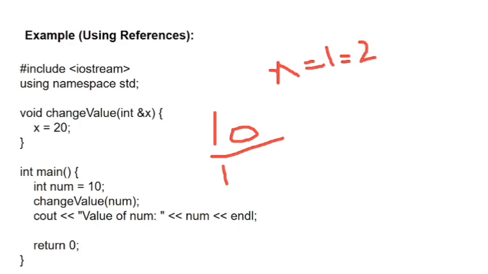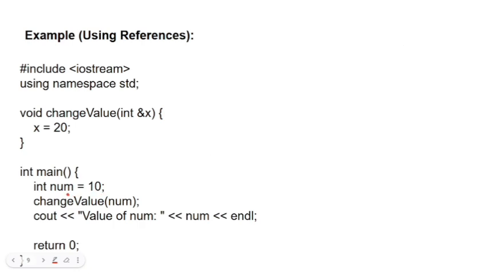Now the updated value is 20 at this location, so the value also gets changed for num, so it will print 20, because it makes changes in the memory address where the num variable is stored.